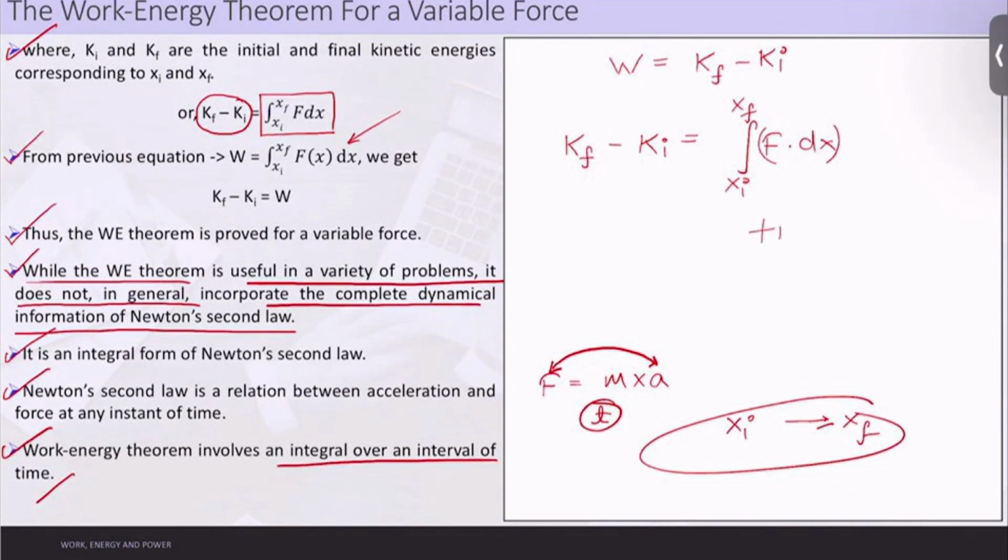So there is no relation of kinetic energy directly involved with time. We are just integrating between xi and xf. Initially Newton's second law was a relation between force and acceleration with respect to time, but here when we have integrated it once, there was no usage of time directly. That is the only thing this line tries to explain to you: there is no direct explicit relationship between kinetic energy and time.